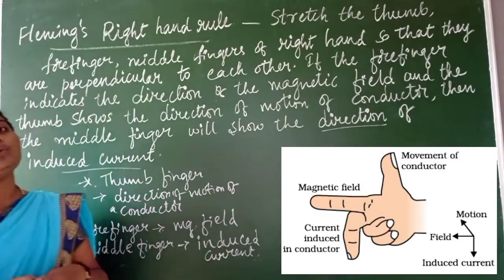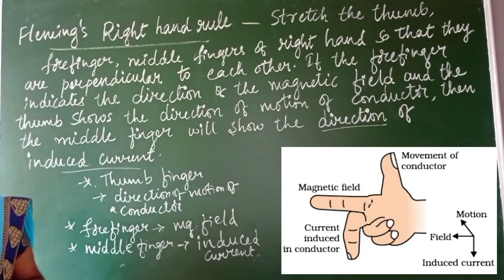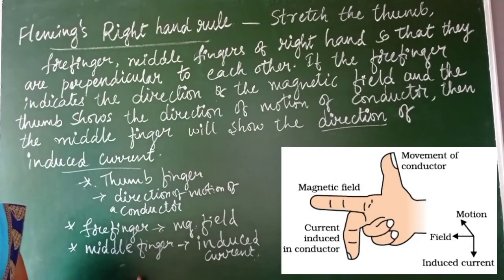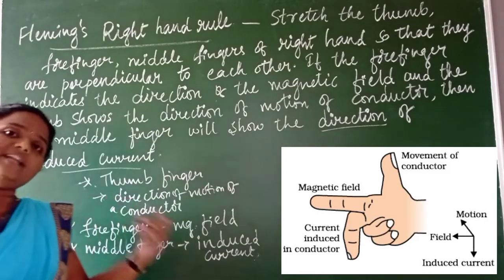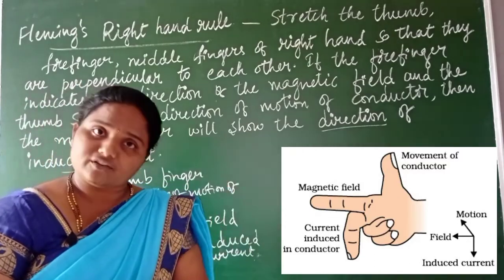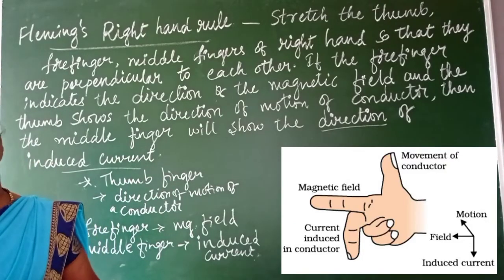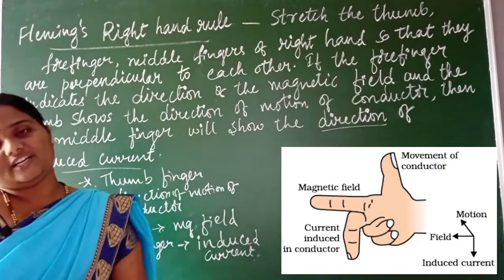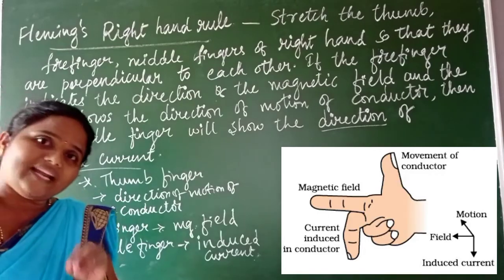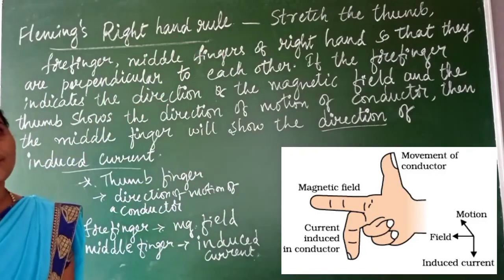This simple rule is called Fleming's right hand rule, which we use in electric generators. In an electric motor, we widely use Fleming's left hand rule, in order to know the direction of a force, whereas Fleming's right hand rule we will use widely in our electric generators, in order to know the direction of an induced current. Got it?